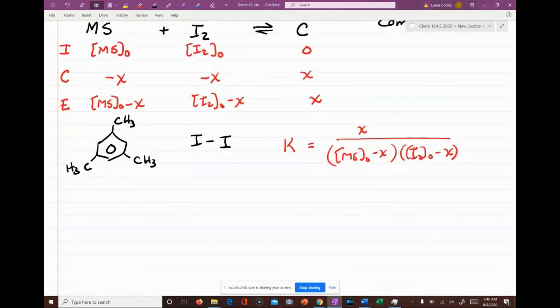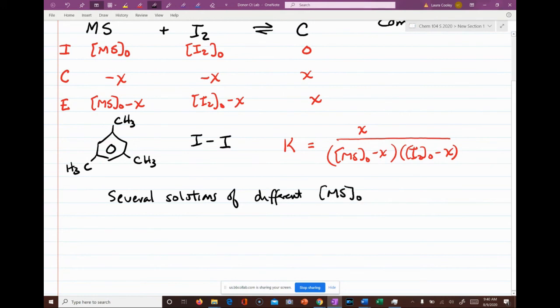Okay, now, when we do this experiment, what we're actually doing is making several solutions of different initial concentrations of the acetylene. We're going to keep increasing it.